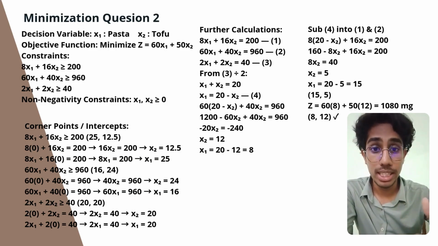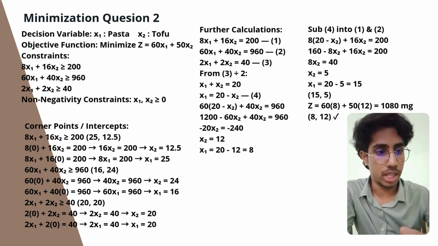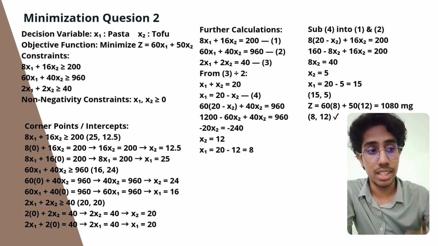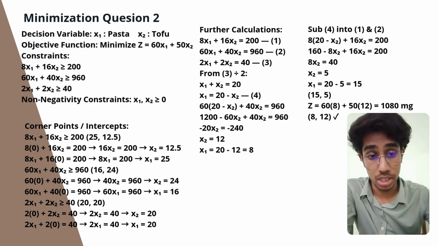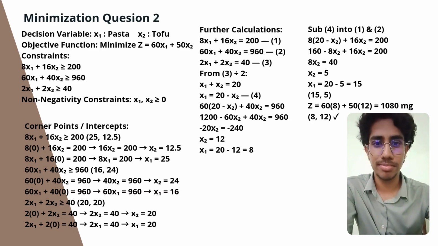After evaluating the intersecting corner points, we found the optimal minimum value to be z equals 1080, which happens when x1 equals 8 and x2 equals 12.